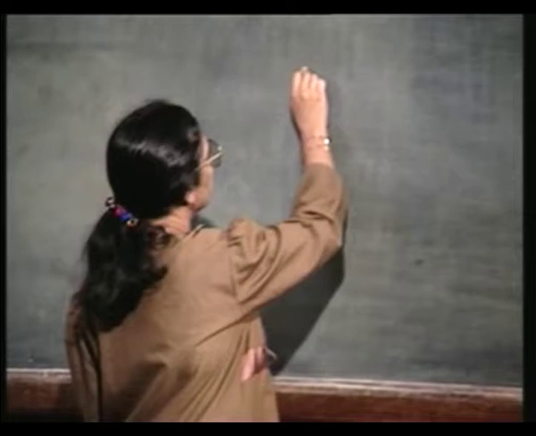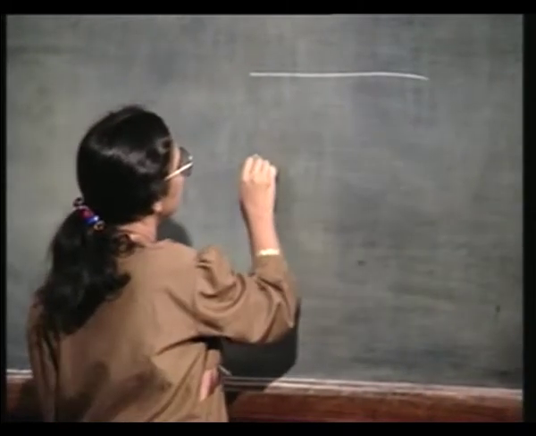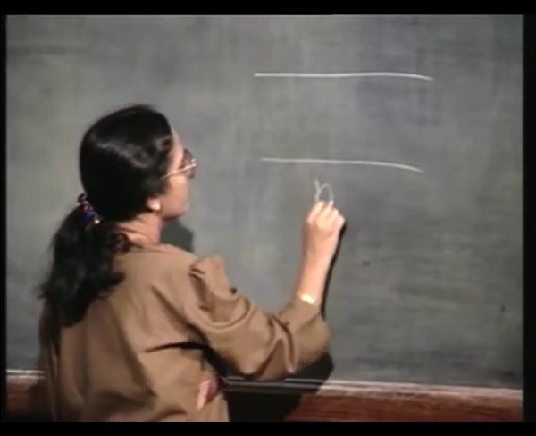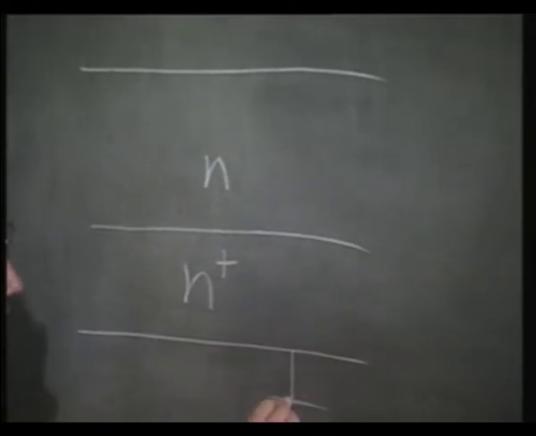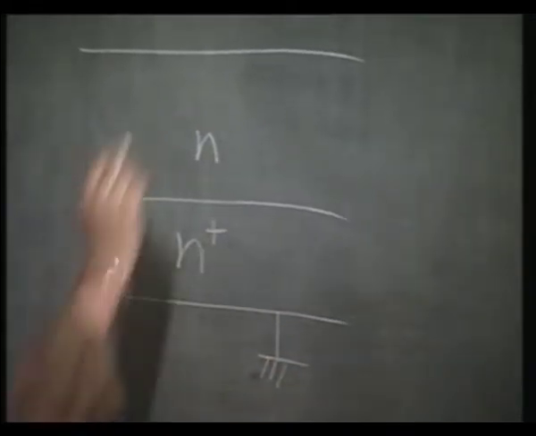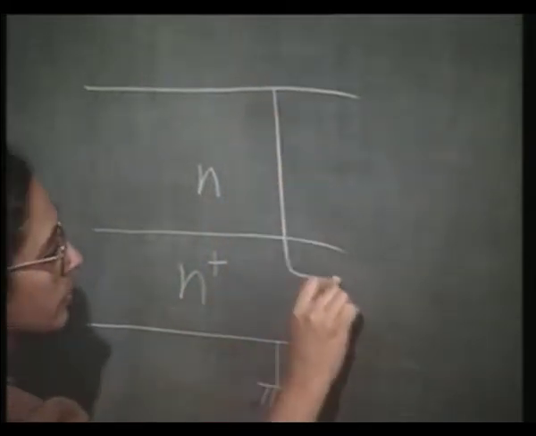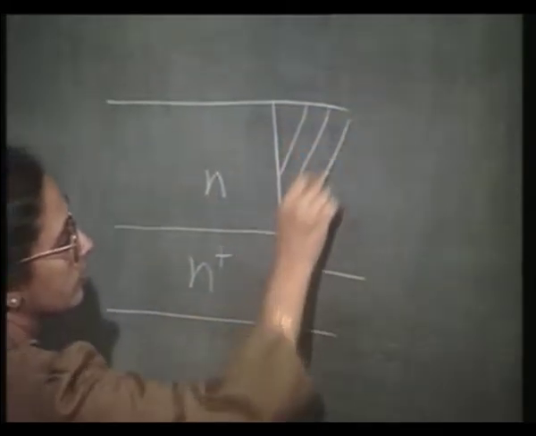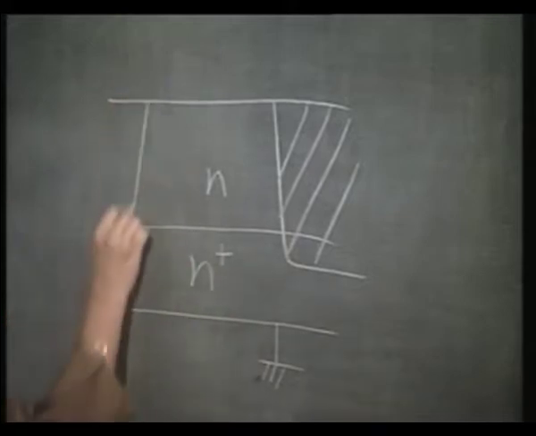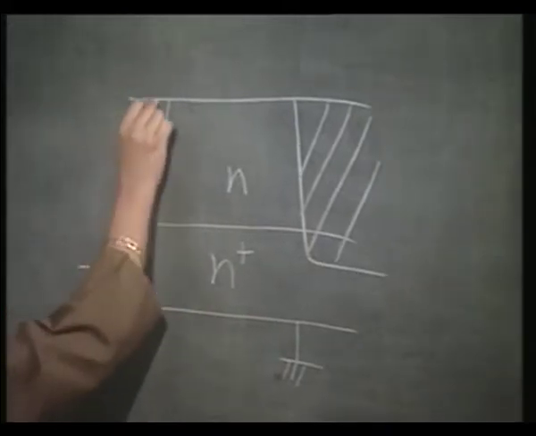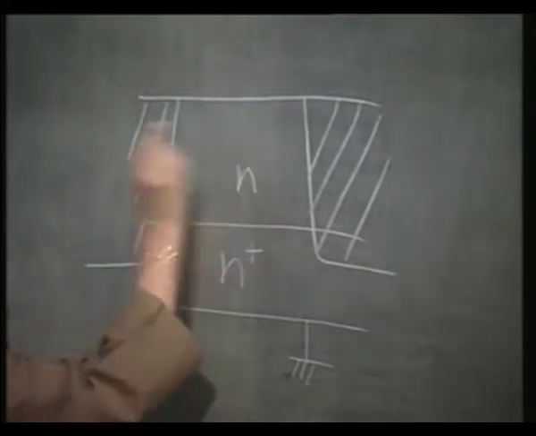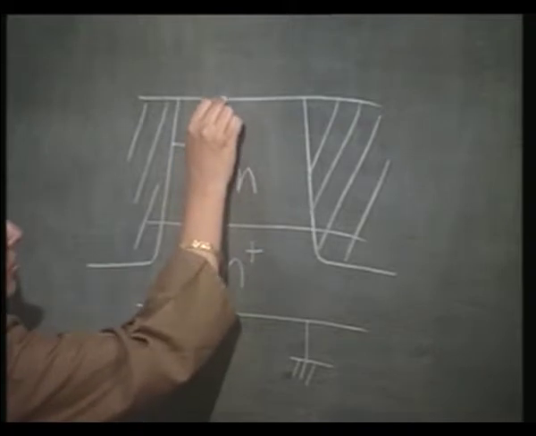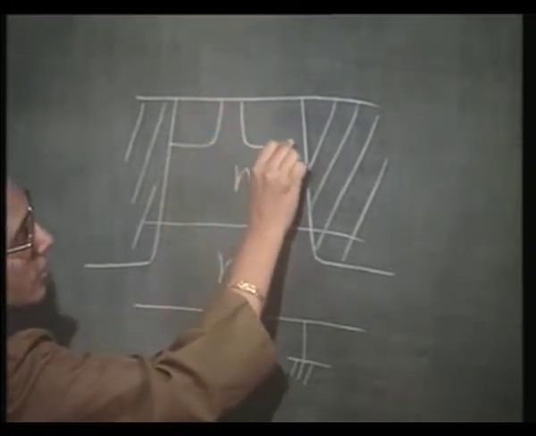You know that in the I2L structure we started off with the N on N plus substrate. This is permanently grounded, and we have oxide isolation. The devices will be housed here. So, we will have a P region here and another P region here.